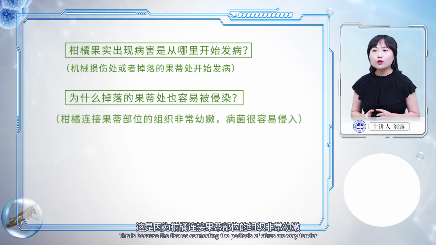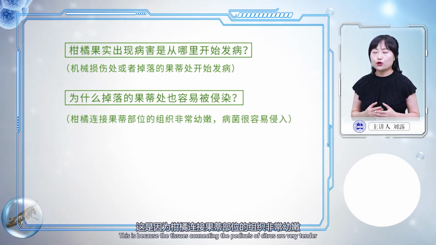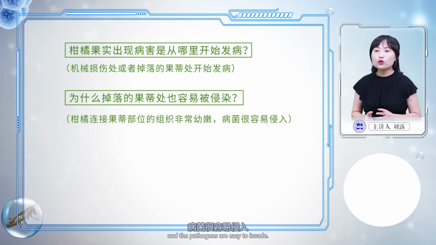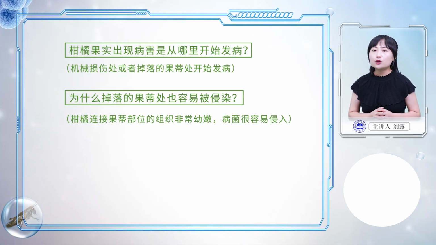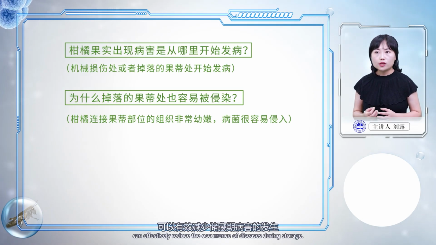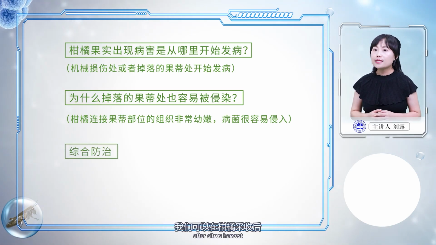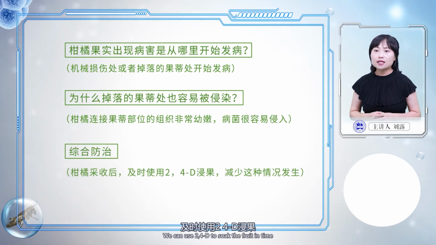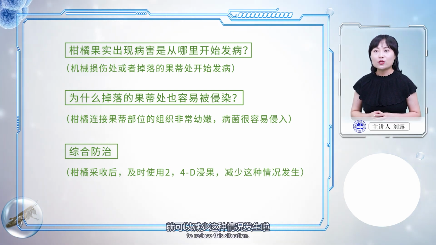This is because the tissues connecting the pedicels of citrus are very tender and the pathogens are easy to invade. Therefore, preventing the pedicel from falling off prematurely can effectively reduce the occurrence of diseases during storage. After citrus harvest, we can use 2,4-D to soak the fruit in time to reduce this situation.